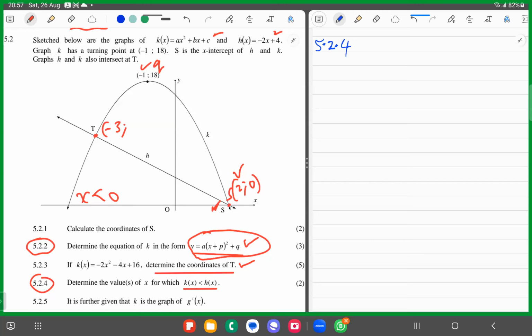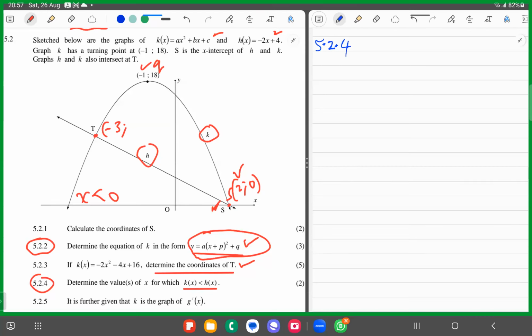Look at the two functions. This is k, the parabola, and h is the straight line. Where is the function k smaller than the function h? Where is k smaller than h?